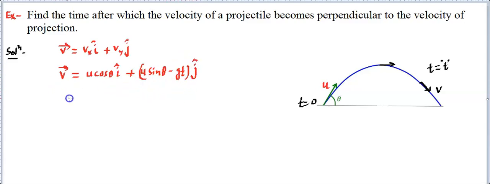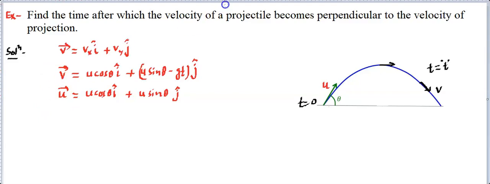And what is the initial velocity? We can write this initial velocity vector as x component, that is u cos theta i, and y component, that is u sin theta j. Or we can simply place t equal to 0 in the above expression. So that will give you the initial velocity. Now our claim is to find that these two velocities have to be perpendicular.